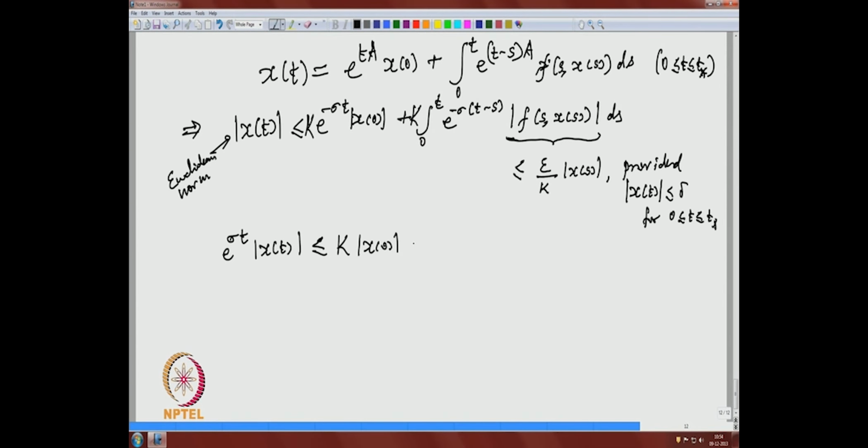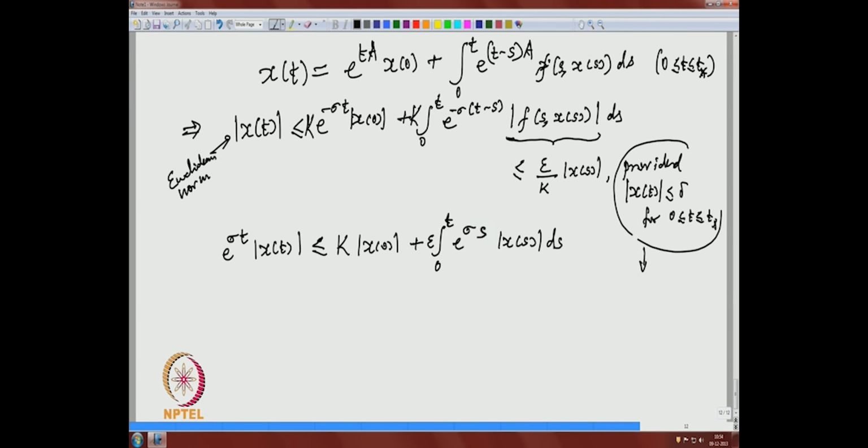So, I take that e to the sigma t to the other side. What I am left with is just e to the sigma s, there is an epsilon here, mod x s ds. So, this is valid provided that.